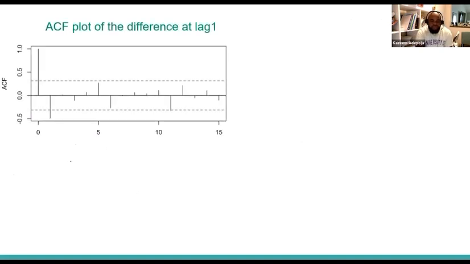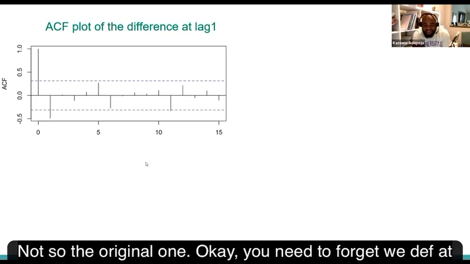Now the next thing we're going to do, don't forget the way we always do, is generate the ACF plot for the series. Don't forget that the ACF plot we're generating now is for the differenced data, not the original one. We differenced at lag one, and we generate that.